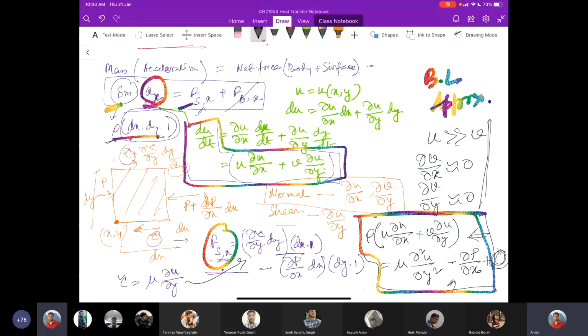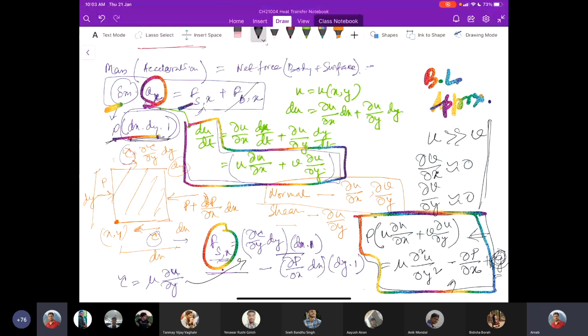Somewhere here that term would be there as it is. The body force would be, say, rho g basically, and we have to express it per unit volume of the fluid, because we are dividing by dx dy on both sides.